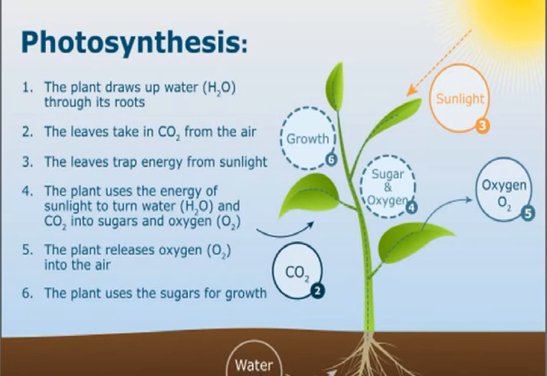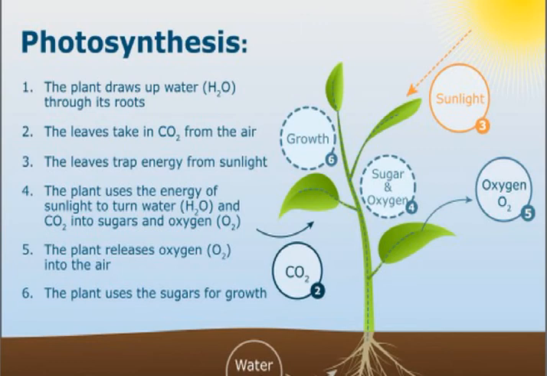The plant draws water from its root and is stored in plant cells. Leaves take carbon dioxide from the air, and water and carbon dioxide are the major requirements for the process of photosynthesis. Green colored chlorophyll is already present in the leaf, and that chlorophyll pigment is responsible for absorption of solar radiation. So the leaves trap solar radiations with the help of chlorophyll pigment.